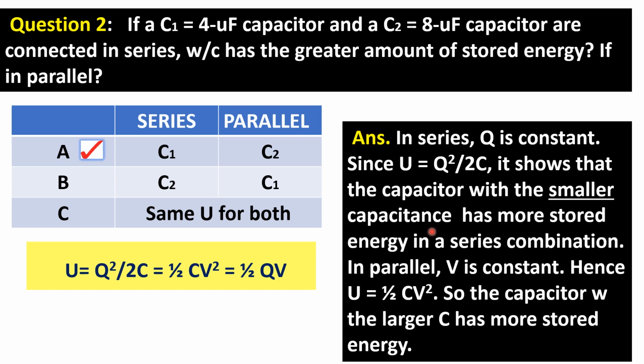For series, it should be the one with the smaller capacitance. When they are in parallel, it should be the one with the greater capacitance. So we also emphasize this relationship of stored energy, or electric potential energy stored, in terms of the charge Q, capacitance, and the voltage V, depending on whether the capacitors are connected in series or in parallel.